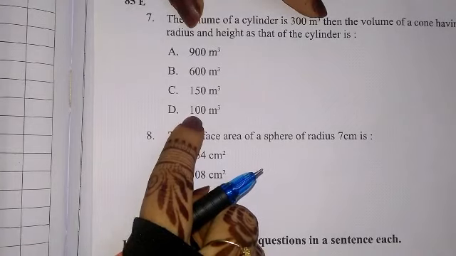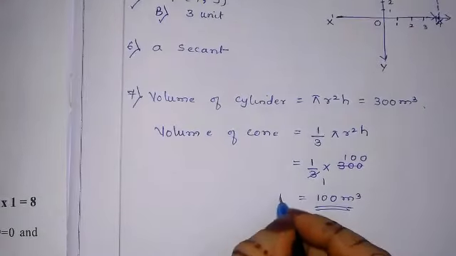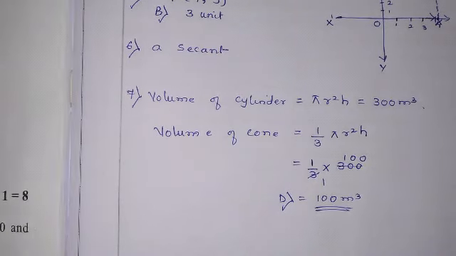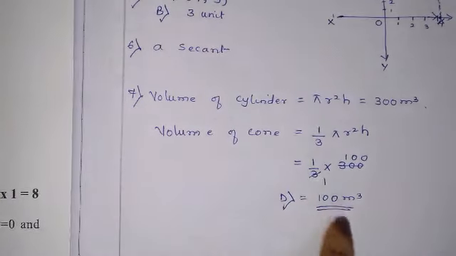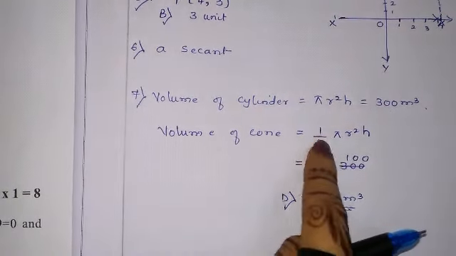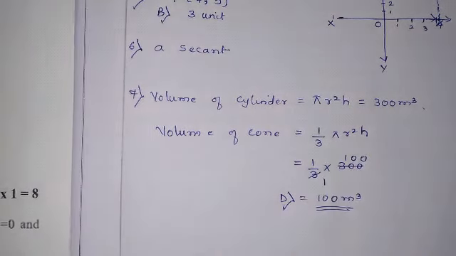The correct option is D, 100 meter cube. So you understand how we got 100, because the volume of the cylinder is given and volume of cone is 1 by 3 pi r square h, so we have substituted the value here.